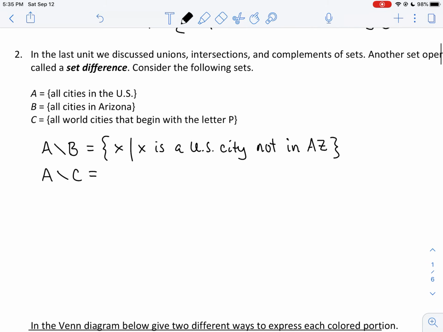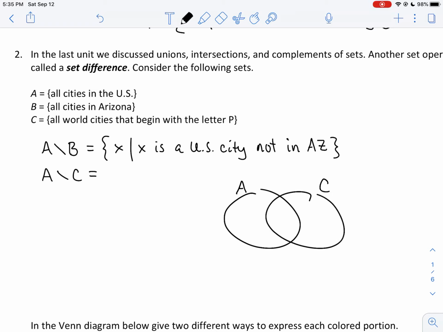And so in the case of A and C, here's all the cities. This is A, all the cities in the US, and all the cities in the world that begin with the letter P would be something like this. This would be set C. So when I say do A minus C, you want to do everything that's in A that's not in C. In other words, you want to do all US cities that do not begin with the letter P.